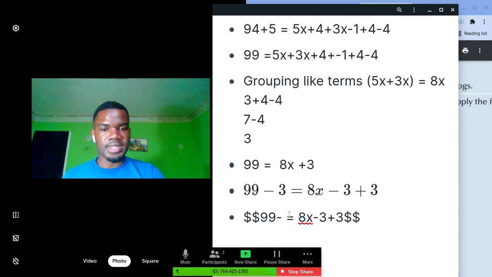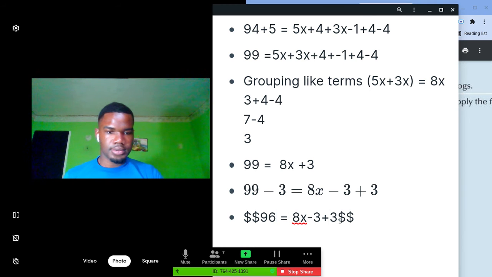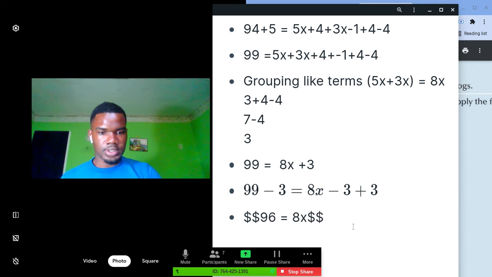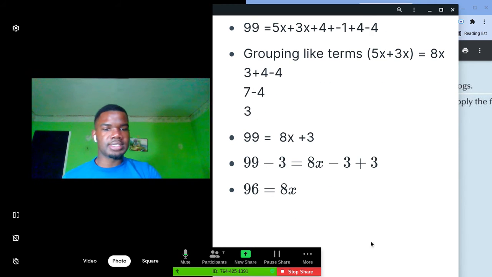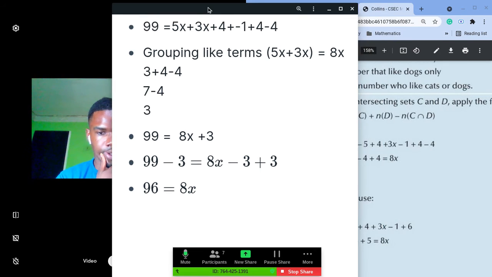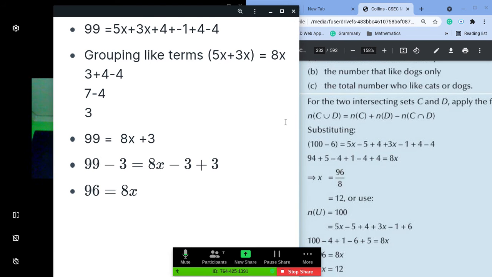99 minus 3 gives me 96, correct? So that's the only thing that I have left. 96 is equal to 8x. Do you guys see that? Yes, sir. Alright. Now when I have 96, it's the same thing over here. I can solve for x by dividing both sides by 8.